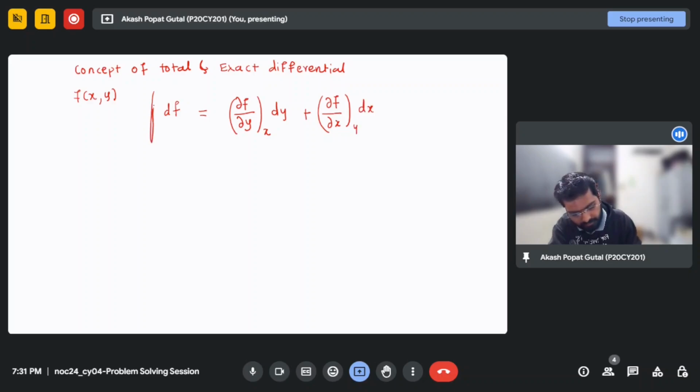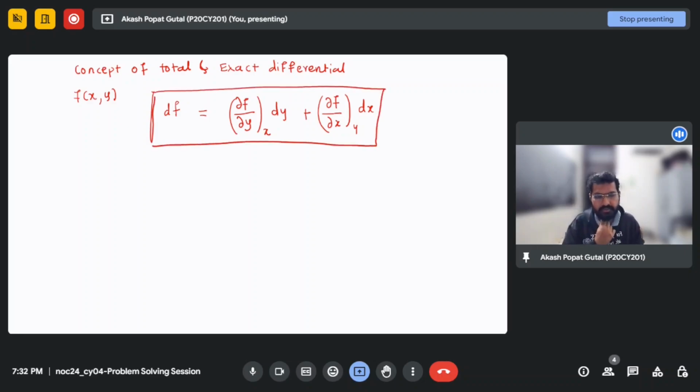If your function obeys this equation, then it's called the total differential.